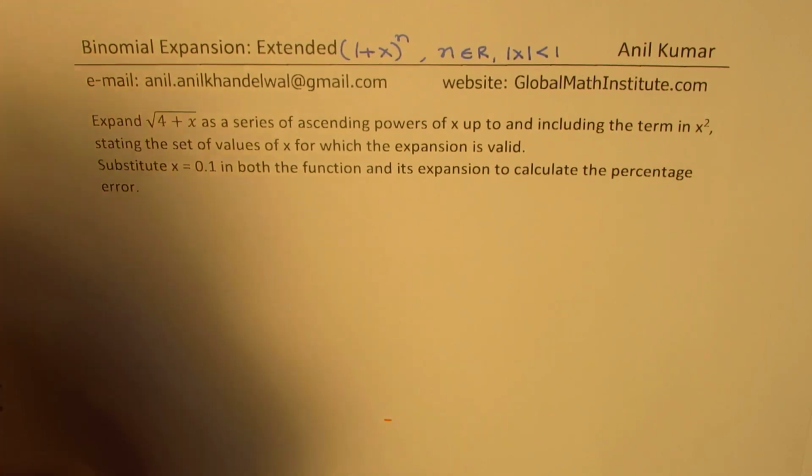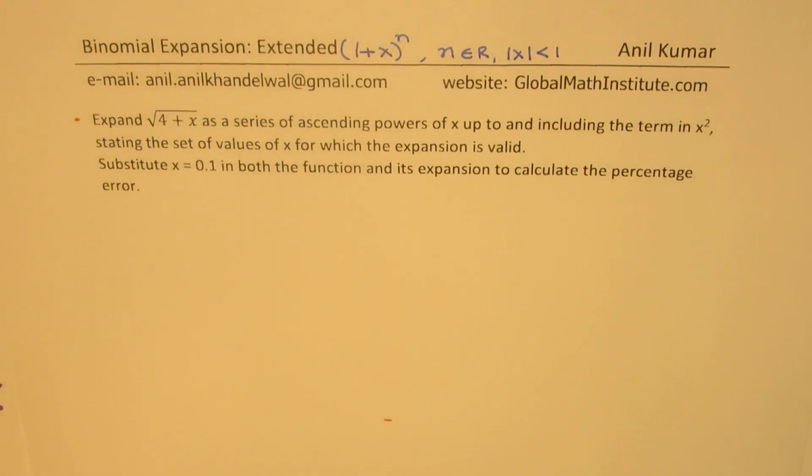The question here is: expand square root of 4 plus x as a series of ascending powers of x up to and including the term in x squared, stating the set of values of x for which the expansion is valid.